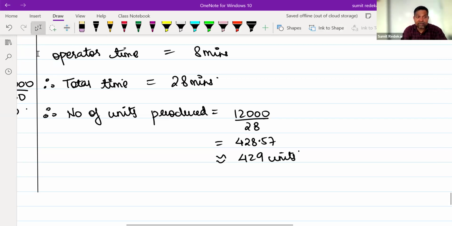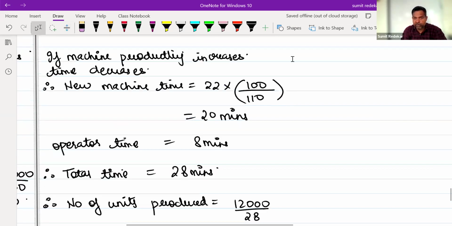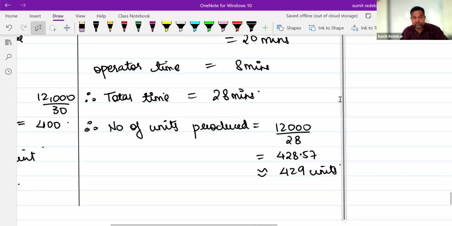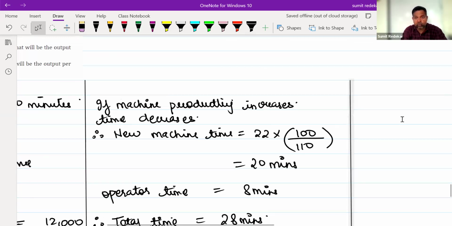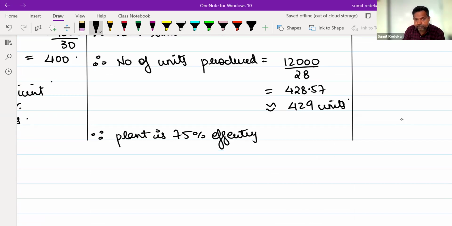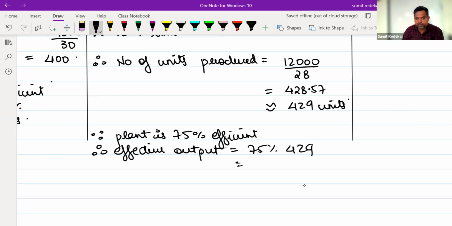Correct? Now, after this, what we used to do in the material was that the 75%, because I told you they had released a suggested solution, where they applied 75% again, which actually should not have been done, but they did it, and I told you to follow what they are doing because they did it in the suggested solution. So we will say since plant is 75% efficient, therefore effective output is 75% of 429, which is 321.41, which is approximately 321 units.